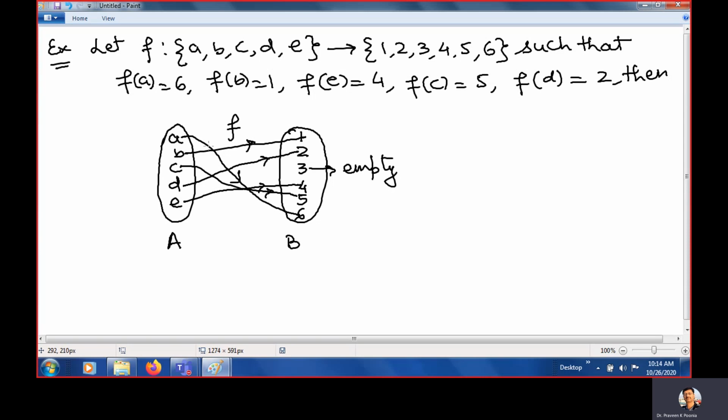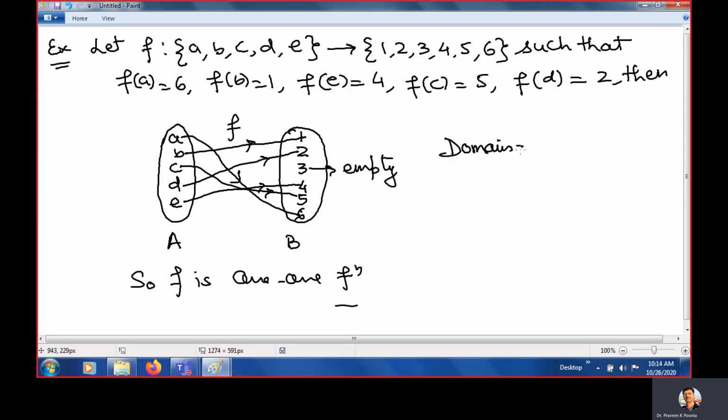Let us check. A is connected with 6 only. So if you see, every element is connected with one element only. So f is 1-1 function. Clear? And what is the domain here?